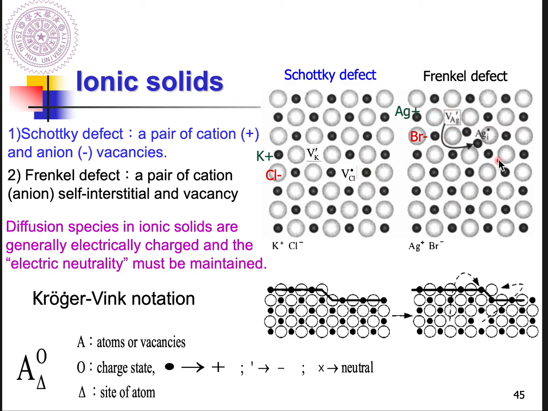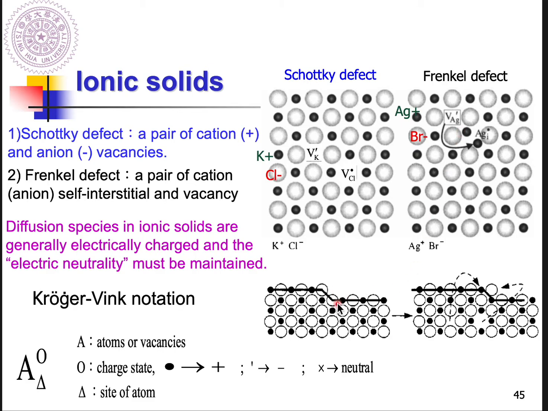So we do have two different types of vacancy associated defects, because both of these defects will generate vacancies, which are correlated with the concentration of vacancies of the specific ions.